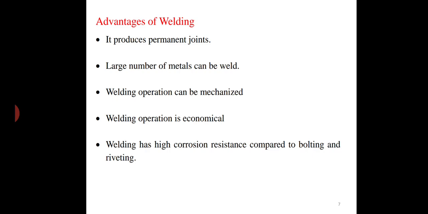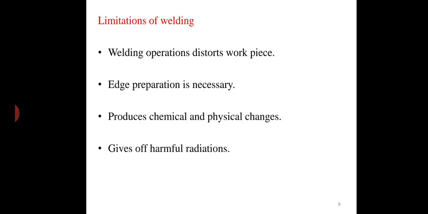Definitely it will have many disadvantages, or many errors happening through welding, but when compared with fastening like nut and bolt, riveting, etc., welding will give you much more strength. Major limitations: we already told that we are generating heat for fusing the metals, so it can distort your workpiece.